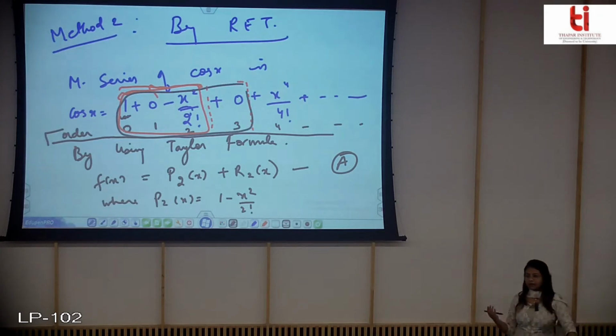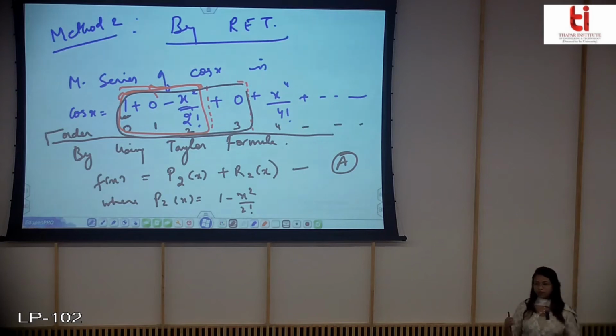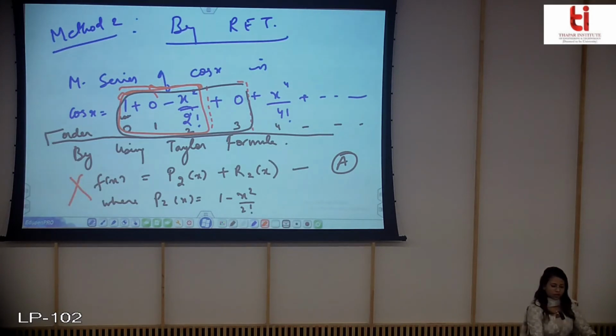So whenever this is the case, we will always consider the higher order Taylor polynomial for calculating the error. So this choice is wrong. I told you why, because after it there was a 0. So what we will do, we will now consider the Taylor polynomial.